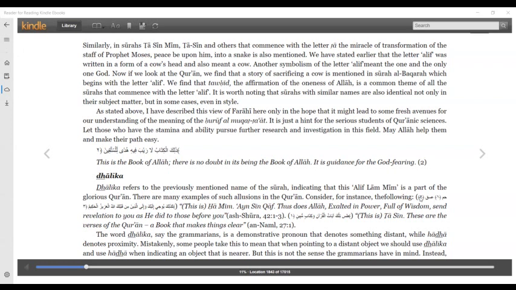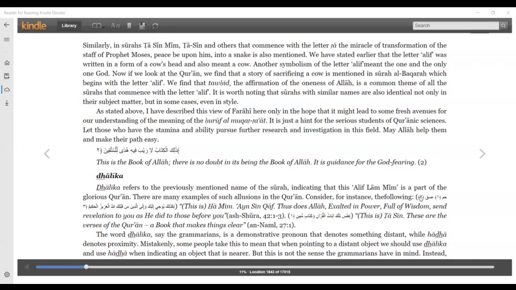Mistakenly, some people take this to mean that when pointing to a distant object, we should use ذَلِكَ and use هذا when indicating an object that is nearer. But this is not the sense the grammarians have in mind.